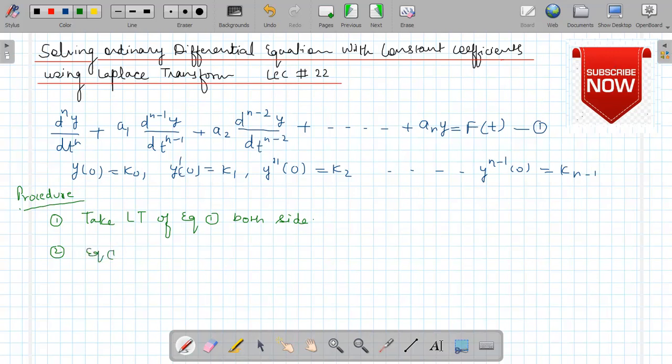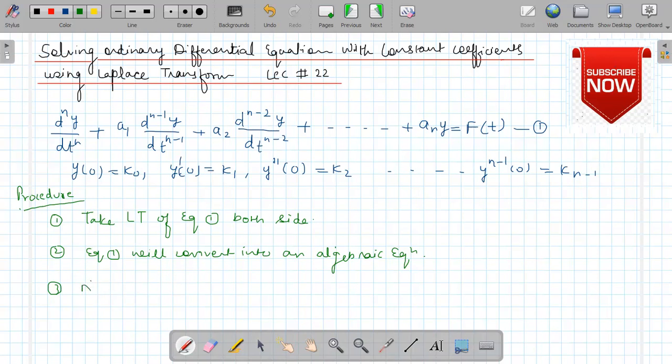So equation 1 will convert into an algebraic equation. Then when the equation is converted into an algebraic equation, we find the solution of that algebraic equation by taking the inverse Laplace transform.